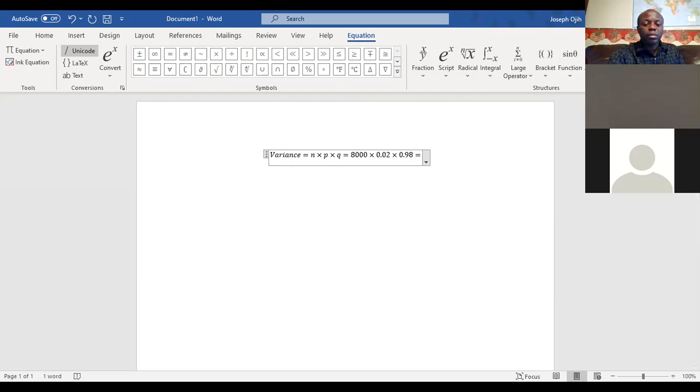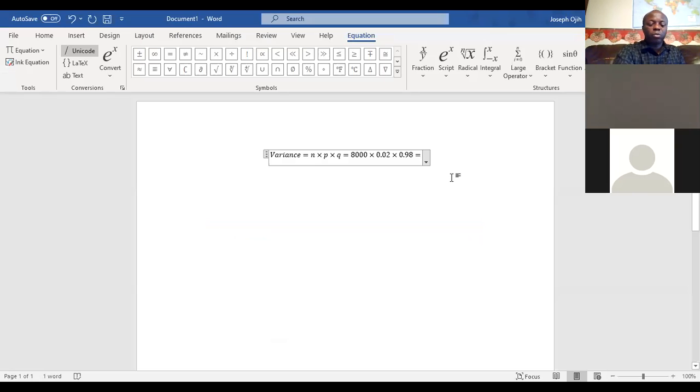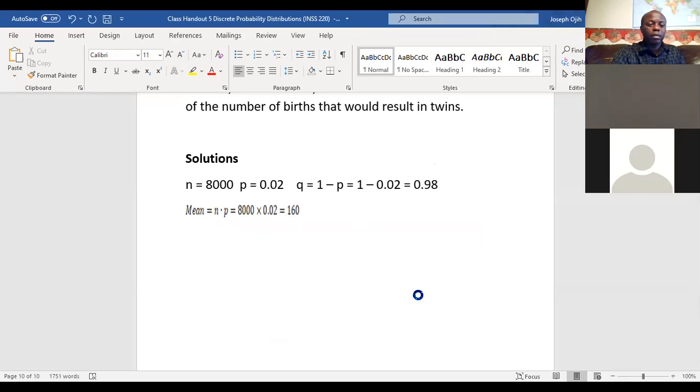Let me take you there so you can see it. 8,000 times 0.02 times 0.98 gives 156.8. So 156.8 is what we have for the variance.